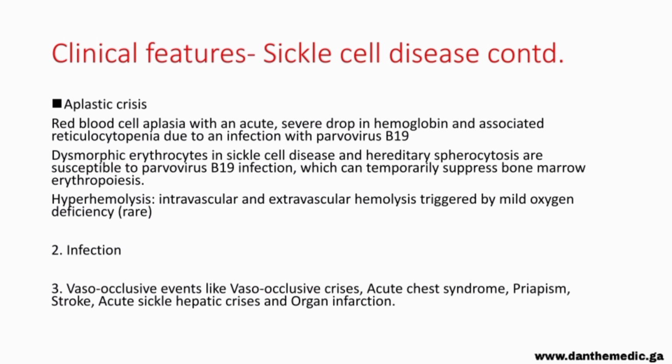Another possible cause of this aplastic crisis can be due to hyperhemolysis, whereby there is intravascular and extravascular hemolysis that is triggered by just mild oxygen deficiency, but it's quite rare.